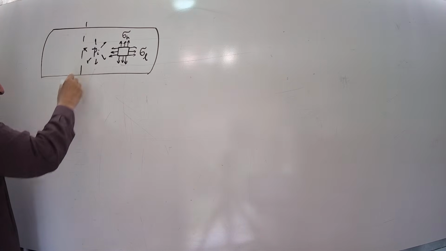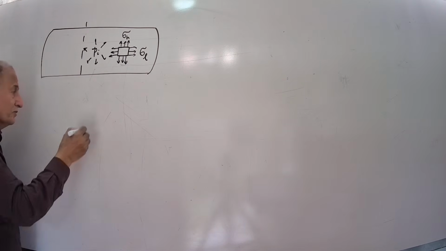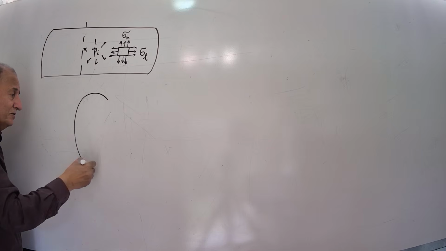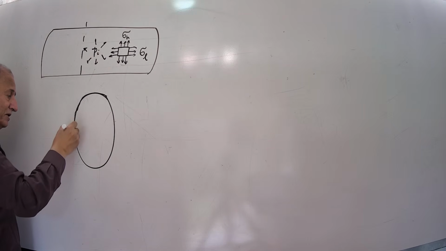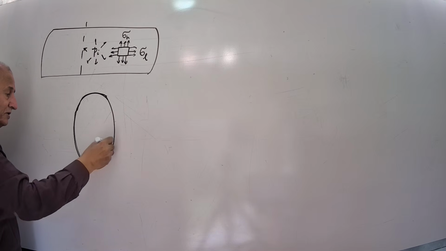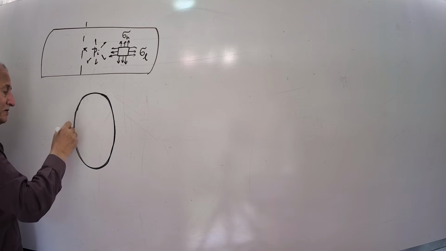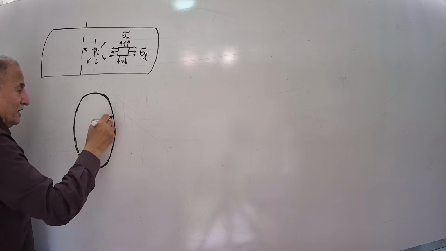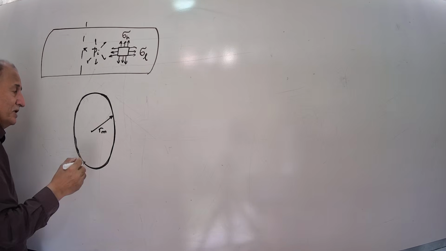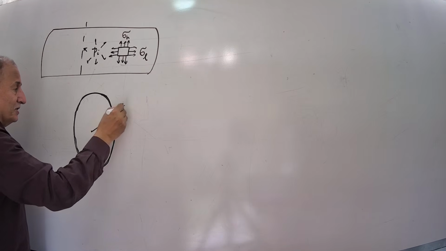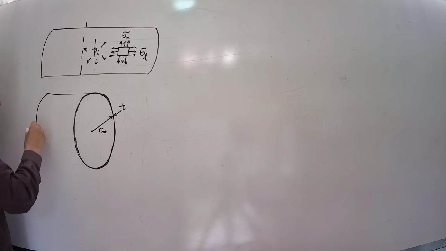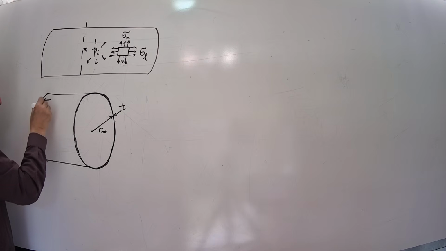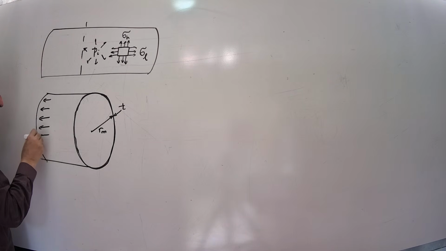If we make an imaginary cut in this cylinder, see what we have. This is the plane that we cut. Consider our mean radius, thickness t, and the whole cylinder under pressure Pi.